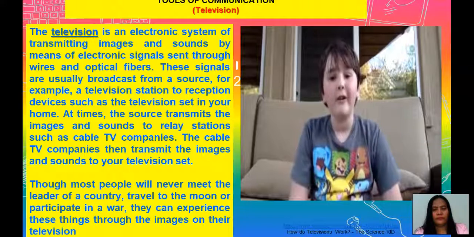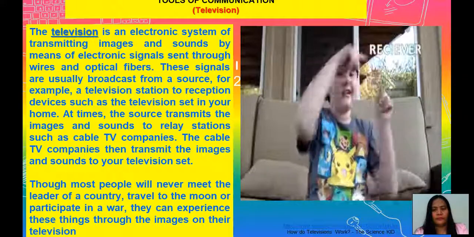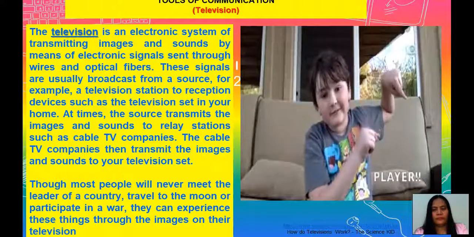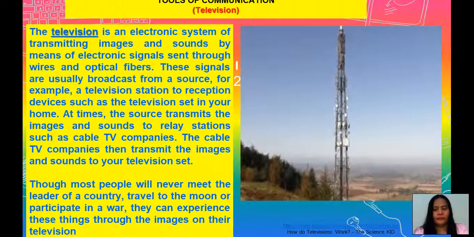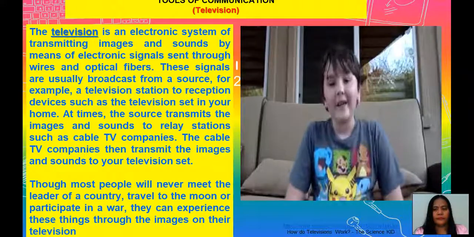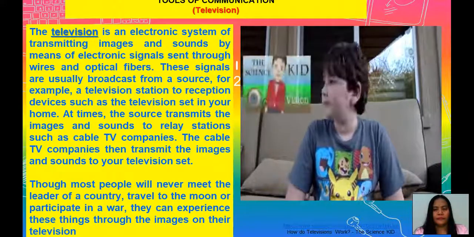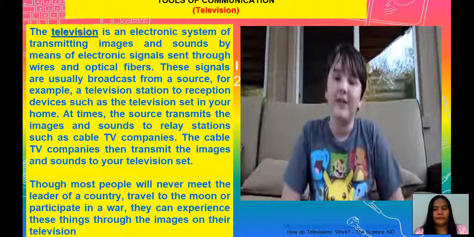There are three parts of the TV: the sender, the receiver, and the player. The senders are the transmitters. People working on specific transmitters will decode radio waves that will be sent by these big towers. Like we talked about in the last episode, transmitters will send radio waves to all televisions.